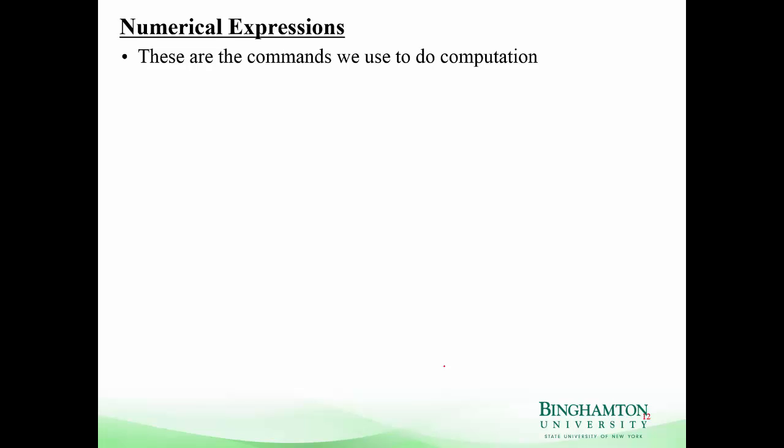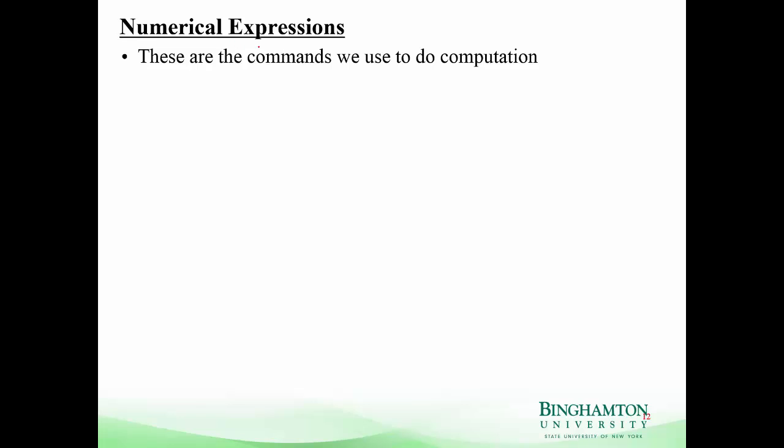Okay, putting all those types away, we'll revisit them as necessary, but let's talk about numerical expressions. We're mostly going to be talking about working on floating point numbers here, but some of this will work with integers as well.